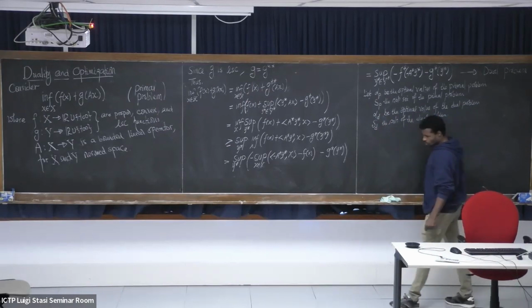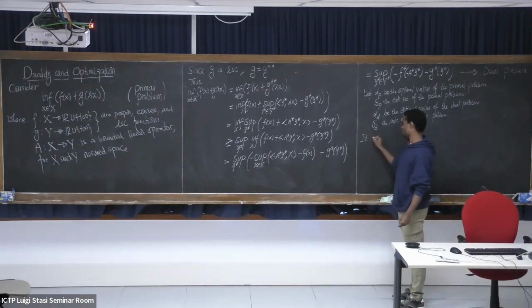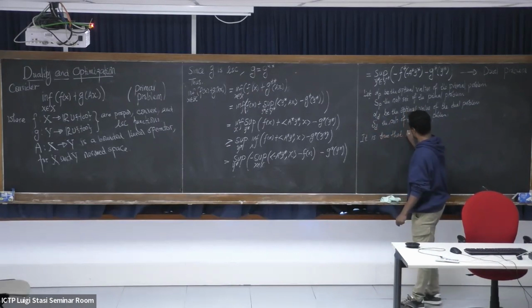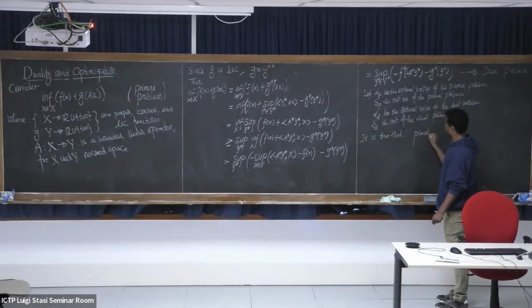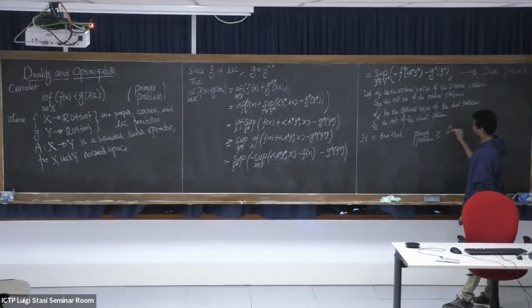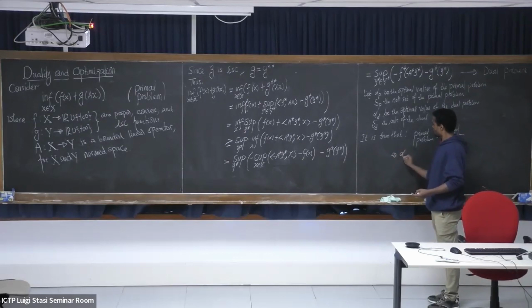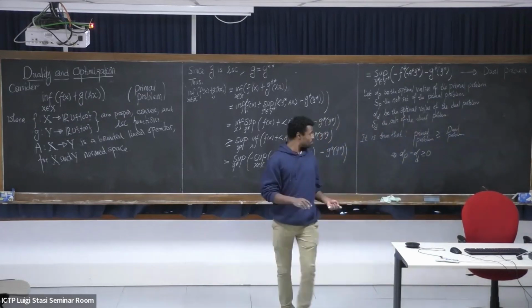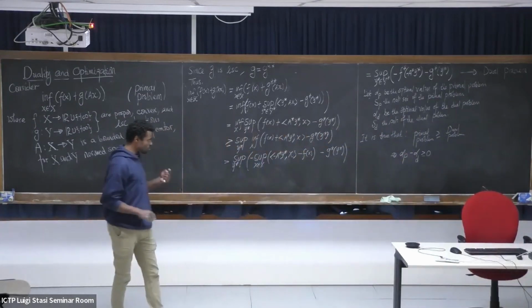What is always true under this condition is that the optimal value of the primal problem is greater than or equal to the optimal value of the dual problem.